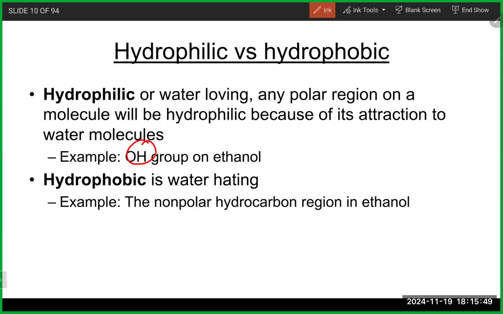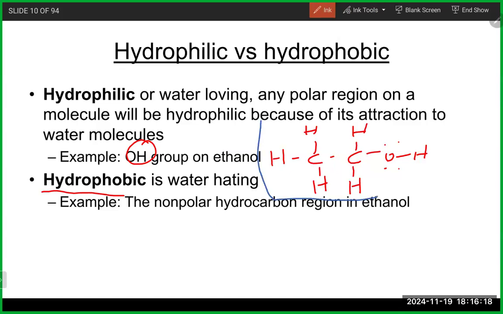There's also parts that perhaps may not like water, and those are what are referred to as being hydrophobic, which means it's water hating. And in the case of ethanol, it's really the carbon and hydrogen part. So when you look at that ethanol molecule, this part of it here, which is all of our carbons and hydrogens, which is nonpolar, is definitely our hydrophobic part.